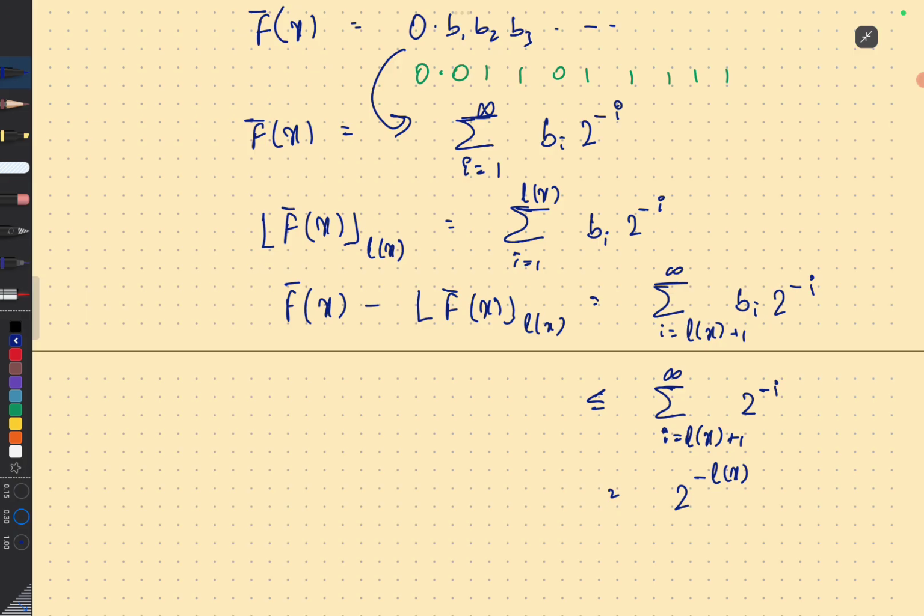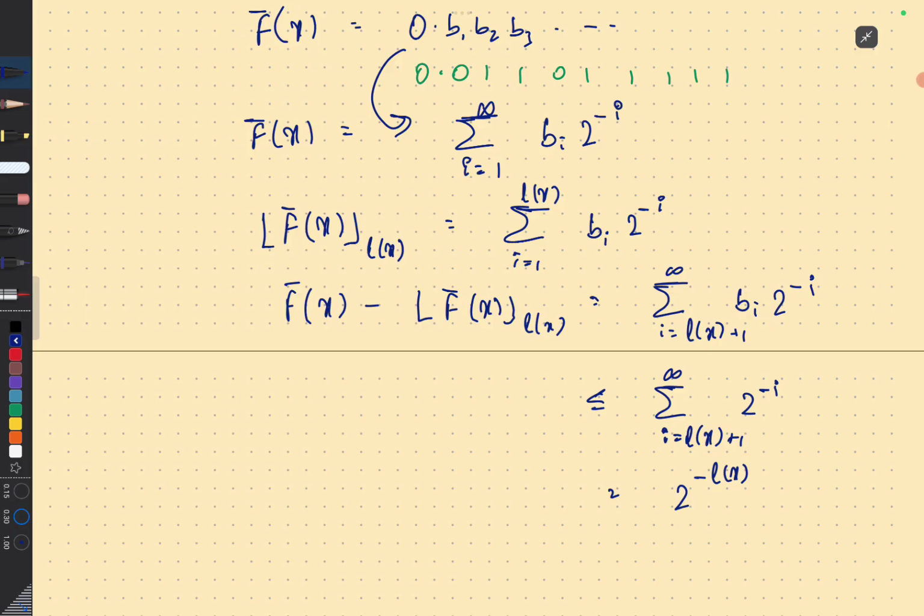For this to be a prefix of this, firstly, k should be smaller than or equal to L, and the first k bits of this should be equal to the first k bits of the second one. So b1 equal to b1 prime, b2 equal to b2 prime, and so on. Bk should be equal to bk prime by definition, nothing fancy here.